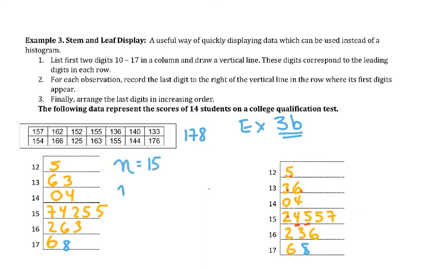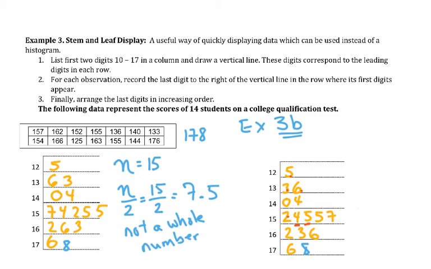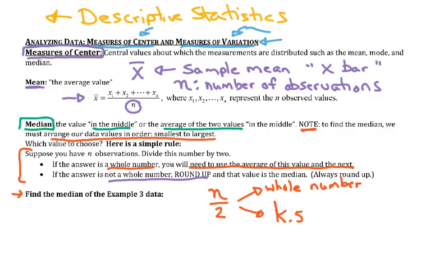So, to find the median, we divide N by 2. And what is 15 divided by 2? Well, I think that's 7.5. Okay, this is not a whole number. What does my rule say to do? It says, when it's not a whole number, you round up, and that value is the median.